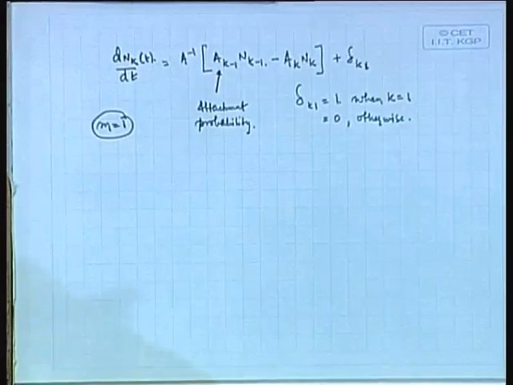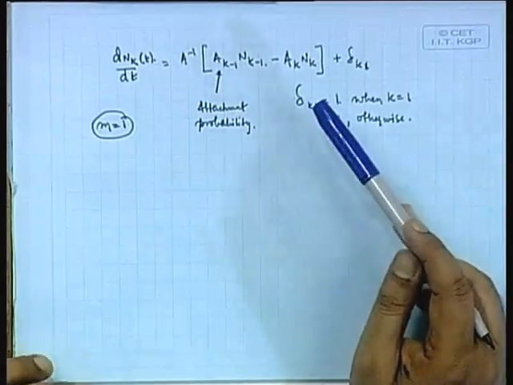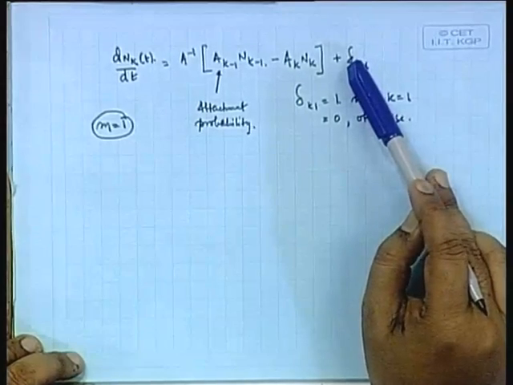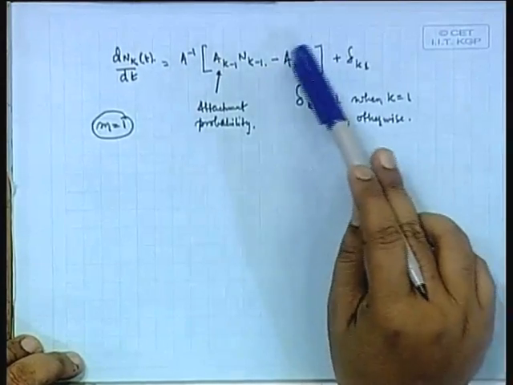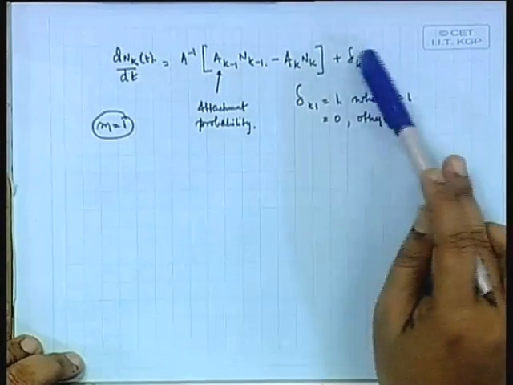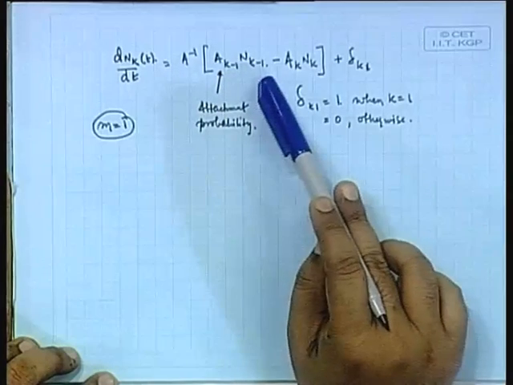Okay. See why? Because at k is equal to 1, if m is equal to 1, what is happening? Only one node is joining and this number of nodes are leaving. At other points is, see, at k is equal to 1, there is no a k minus 1.